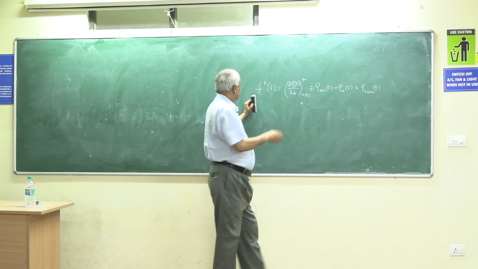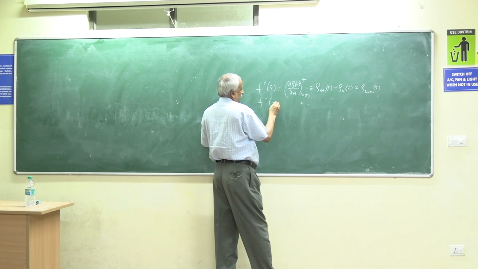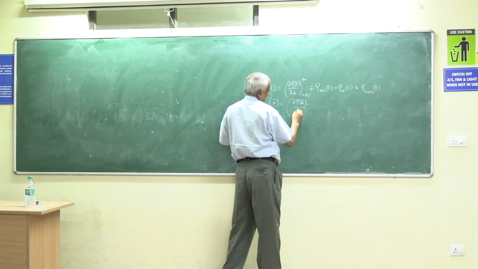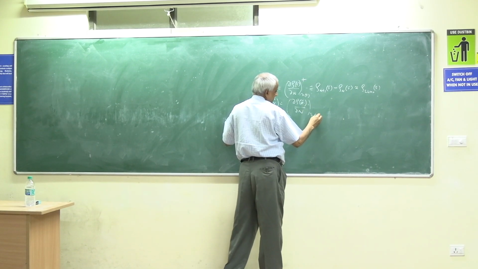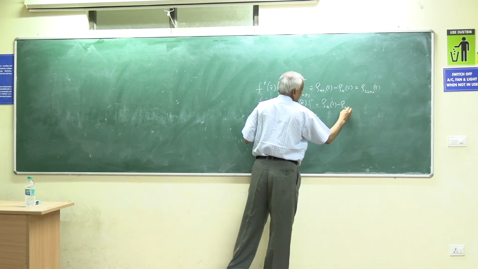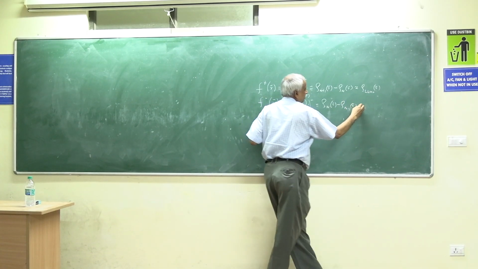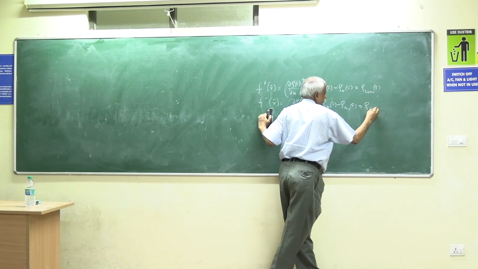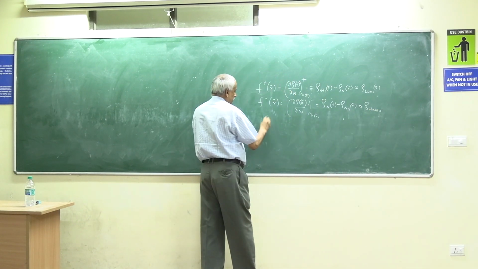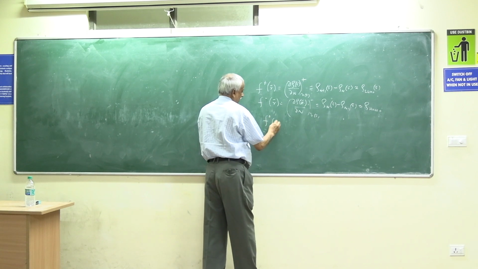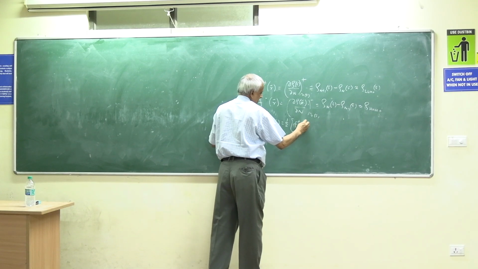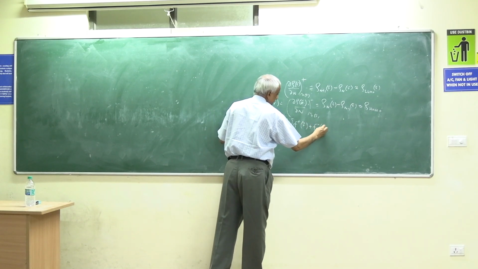Similarly, your f minus (r) would be del rho(r) del N at constant v(r), minus, and this would be your rho N (r) minus rho N minus 1 (r), and accordingly this would be your rho HOMO. And your f0 (r) is half of f plus (r) plus f minus (r).